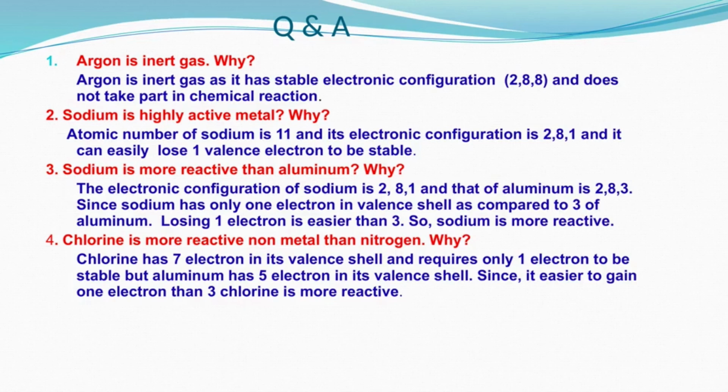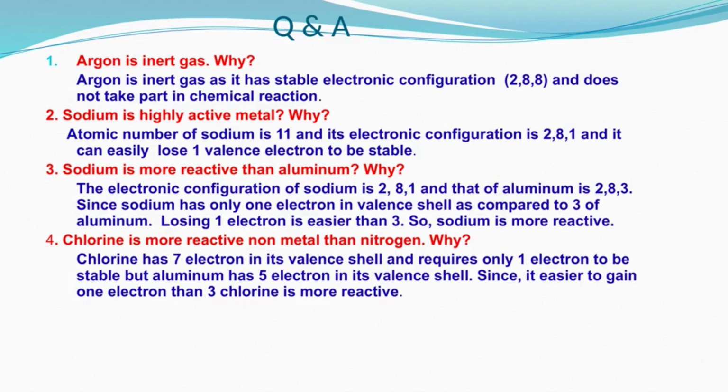Now, in the case of non-metals, chlorine is a more reactive non-metal than nitrogen. Why? Chlorine has 7 electrons in its valence shell and requires only 1 electron to become stable, but nitrogen has 5 electrons in its valence shell and requires 3 more electrons to become stable.